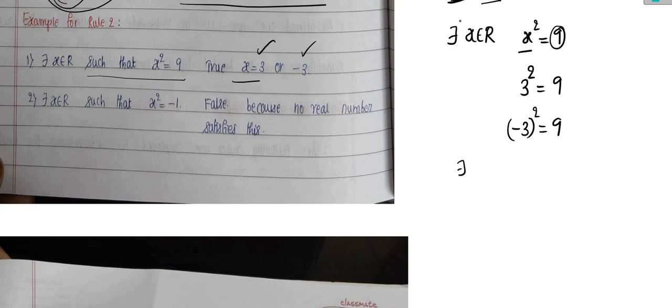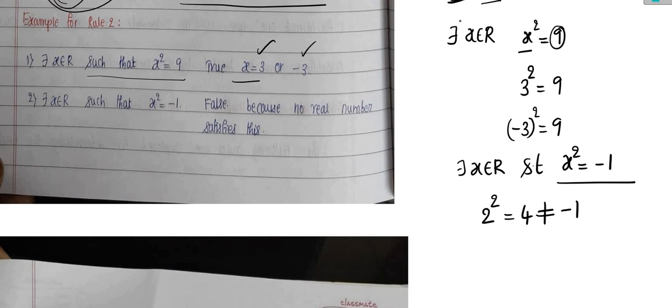Again, there exists x belongs to R such that x square equal to minus 1. This is false because no real number satisfies this. Observe, I am taking here also positive integer 2 square, that is 4. 4 not equal to minus 1.